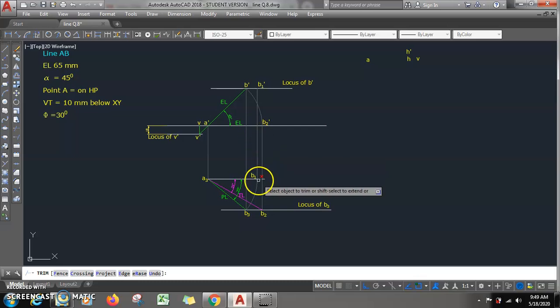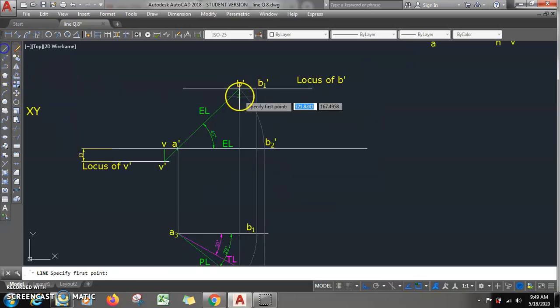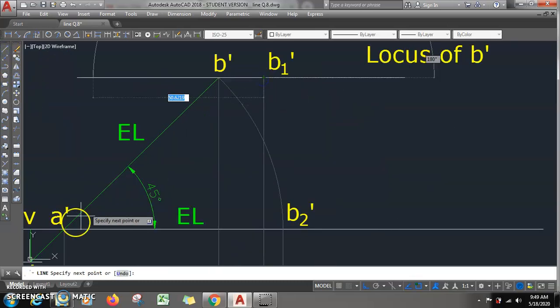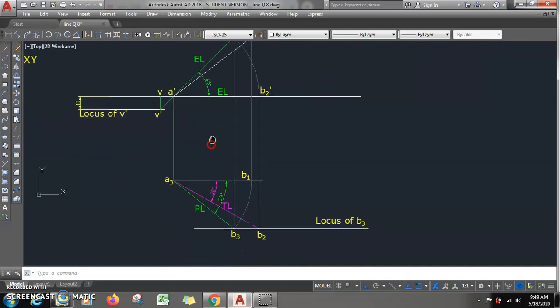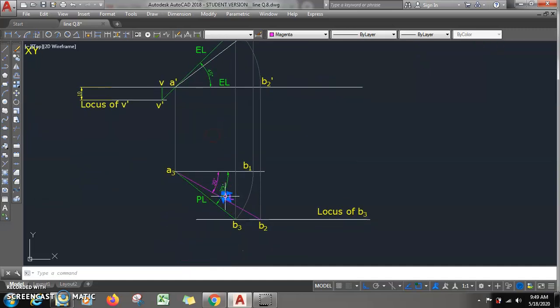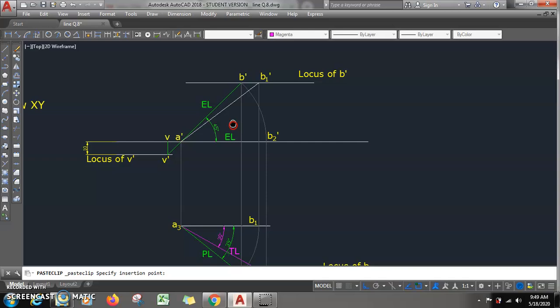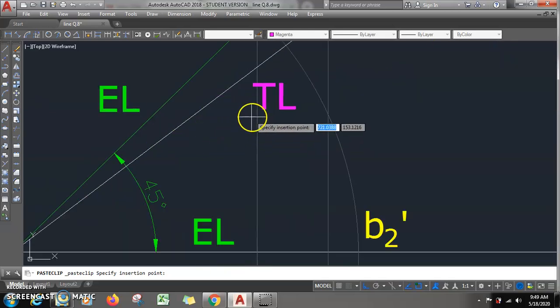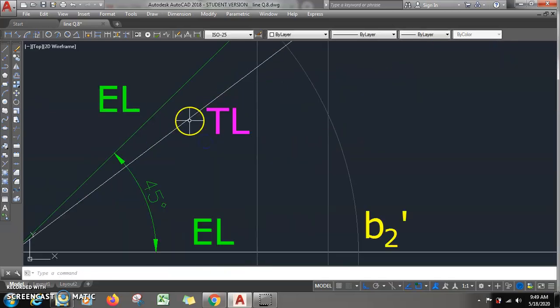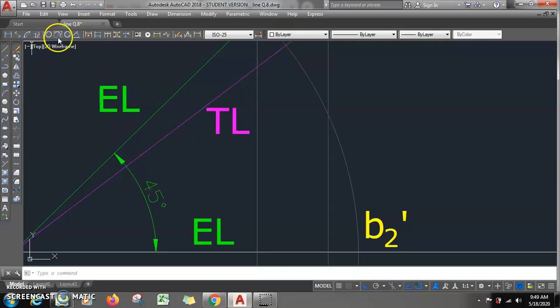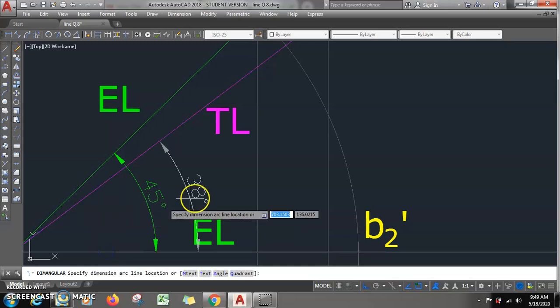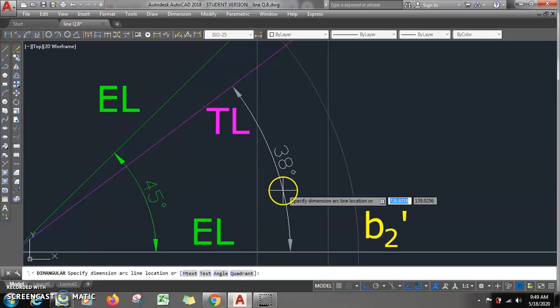You see. Now once you have this, this is what? This line is your true length. Okay. And the angle of the line will be theta, the inclination of the line with HP, which they are asking for.